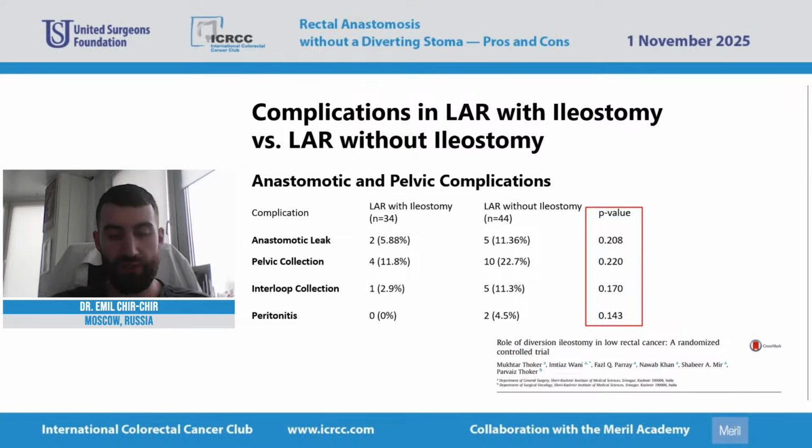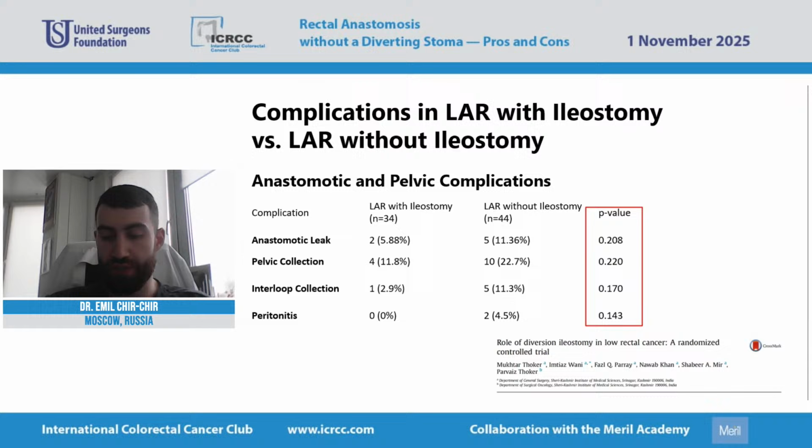The main reason for creating preventive stomas is that, in the event of an anastomotic leak, a preventive stoma reduces the severity of the complication.